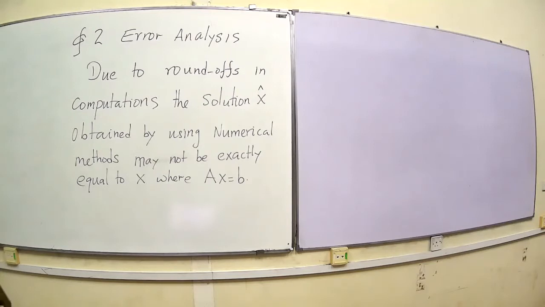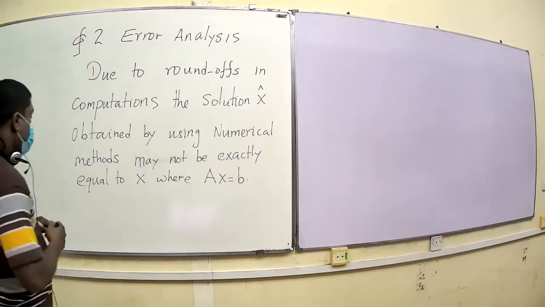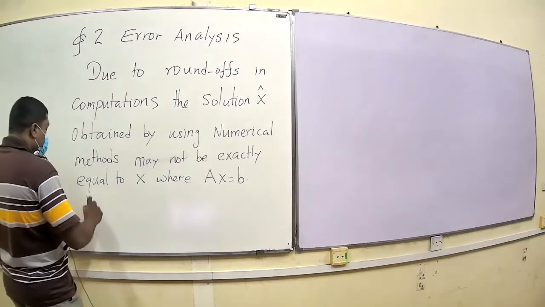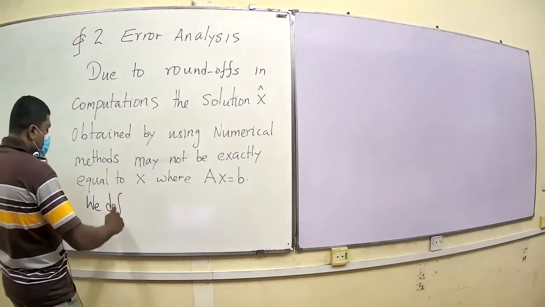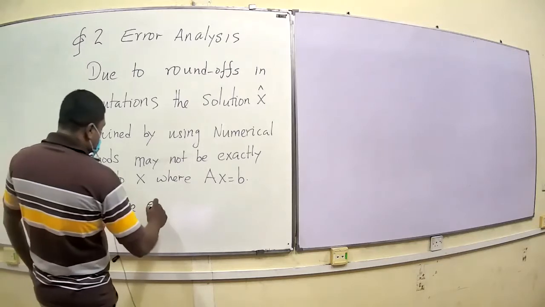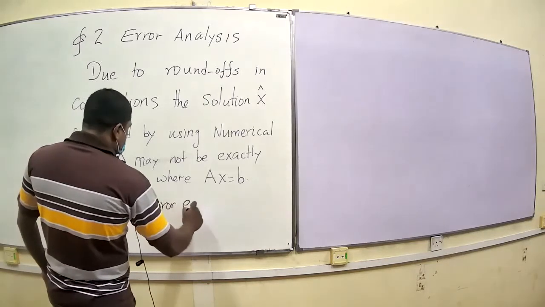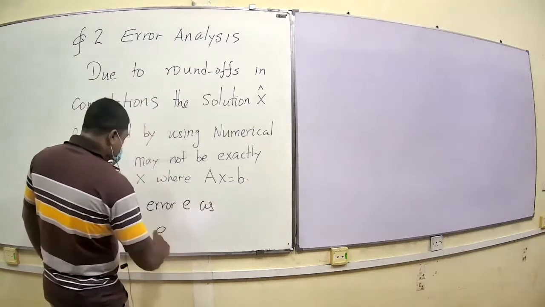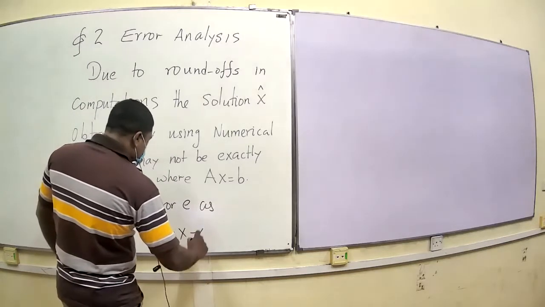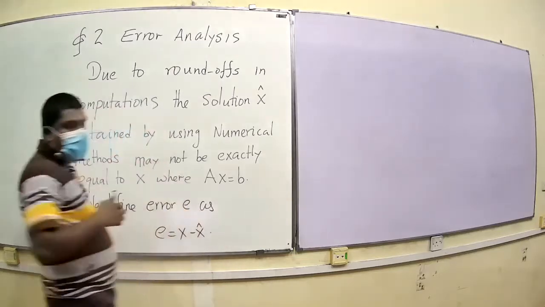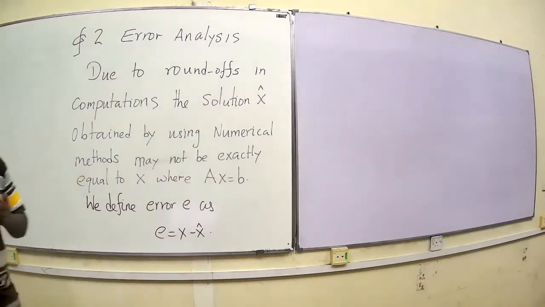Right? So in this case, because there is a difference between the real solution and the computed solution, we define the error. The difference between the real solution and the computed solution is known as the error, right? So this is called error.